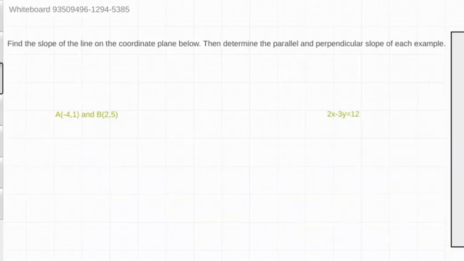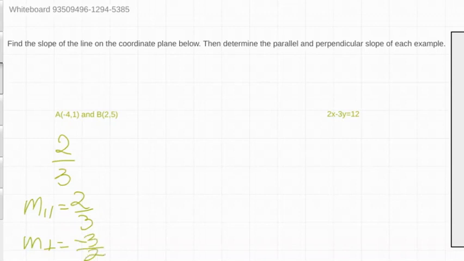Find the slope of the line on the coordinate plane below. Then determine the parallel and perpendicular slope of each example. So for A and B, our slope would be 2 over 3. That would make our parallel slope 2 over 3 as well. And our perpendicular slope would be negative 3 over 2.